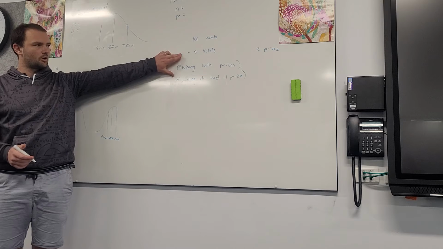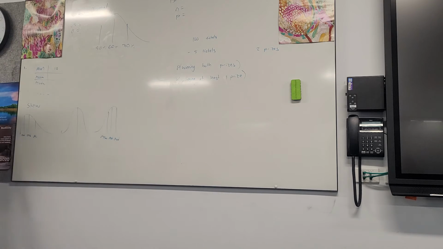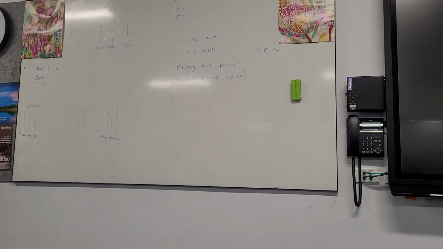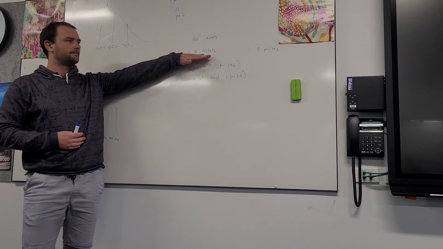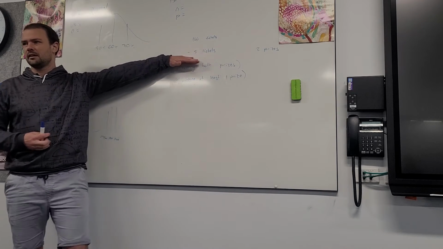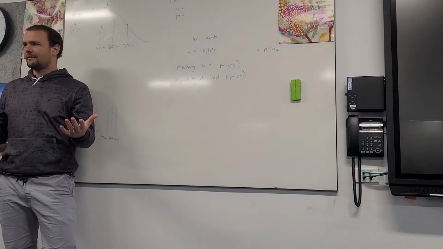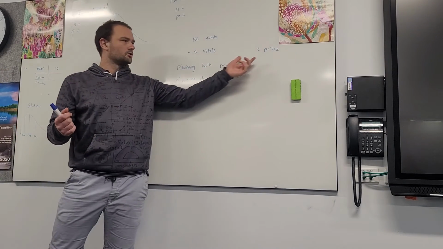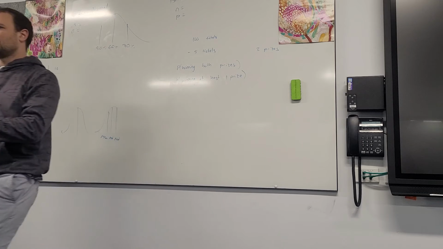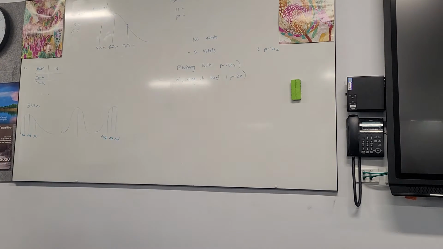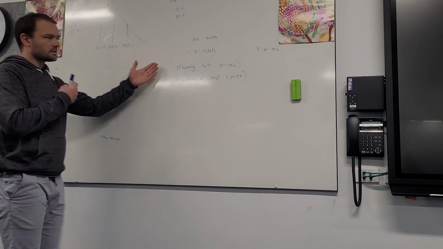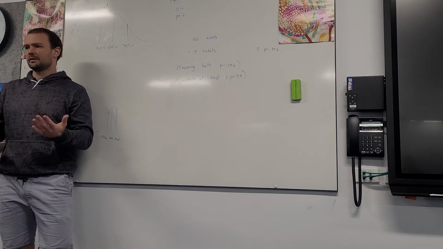We'll go through this example here. So we've got a raffle. There's 100 tickets, and let's say we've got 5 tickets. They're going to draw 2 tickets at random from the bucket because there are 2 prizes. So the first question is, what's the probability of winning both prizes?